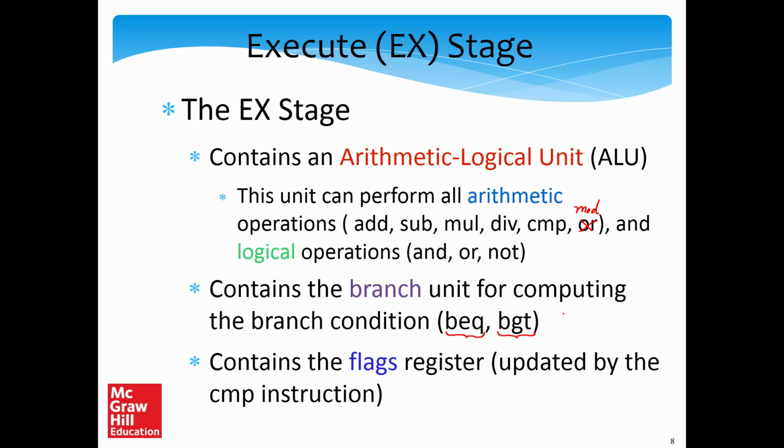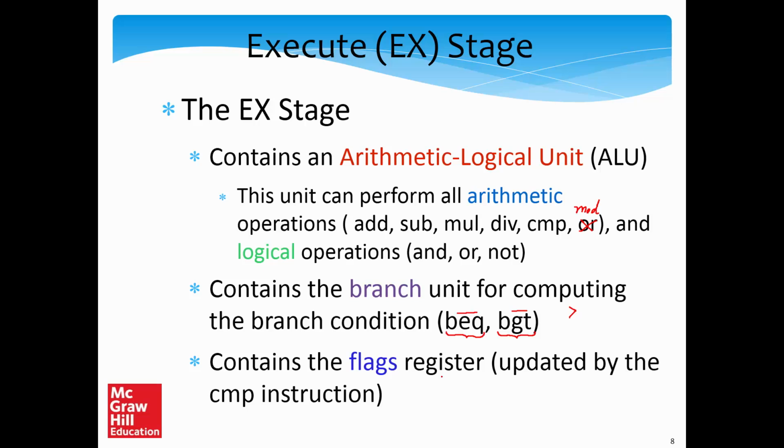If the last comparison has resulted in an equality, then the BEQ condition will be true. Otherwise, if the last comparison has resulted in a greater than, then the BGT condition will be true. This is also done in the EX stage, and the EX stage also contains the flags register, which is updated by the compare instructions.